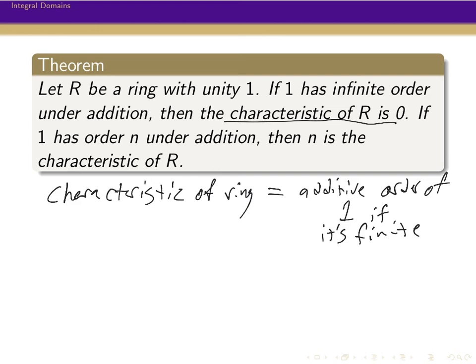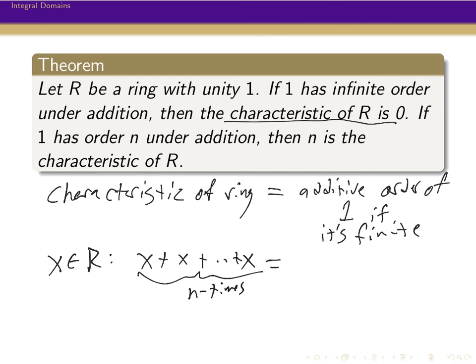On the other hand, let's say that 1 has order n. Well, then if we take any other x in the ring, look at x plus x plus x, n times. Well, applying the distribution rule over and over again, we can rewrite this as 1 plus 1 plus 1 plus 1, n times, multiplied by x.